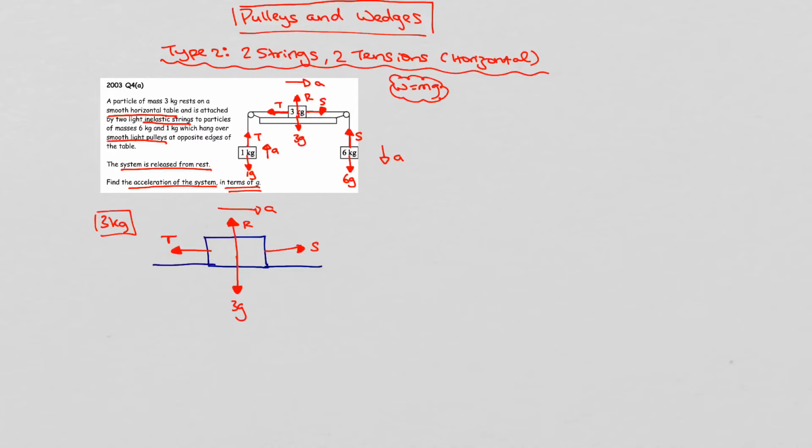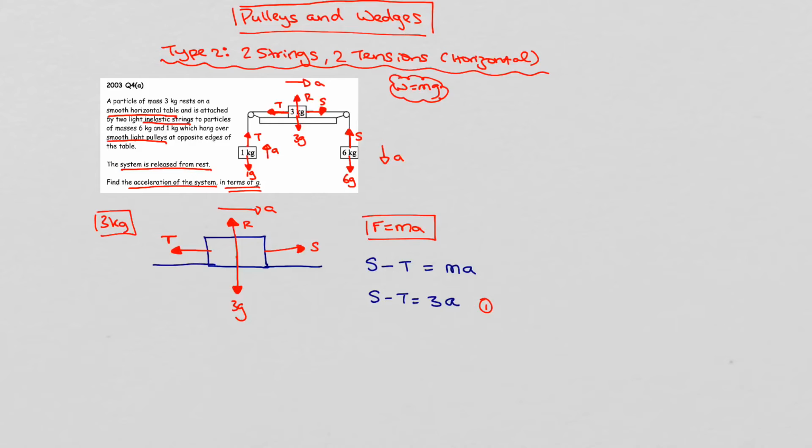So in the horizontal motion, our net force can be calculated using F equals ma. And because it's accelerating to the right, our leading force will be the tension to the right minus the tension to the left, and that will be equal to the mass times acceleration. So in other words, S minus T will be equal to 3 times A. So this is our first equation.